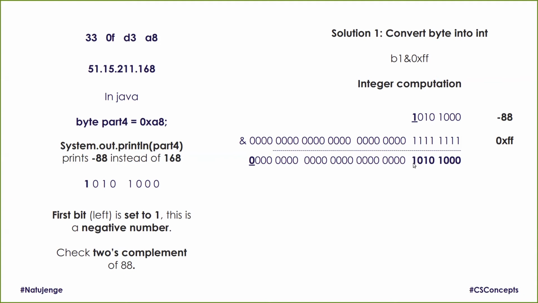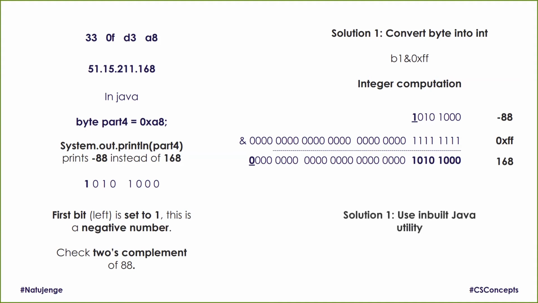If you look at these bits, it's 128 plus 32 plus 8. If you add all of them, they give you 168. That's how we've been able to convert a signed byte into an unsigned integer, and that way we're able to get the last part of the IP address.